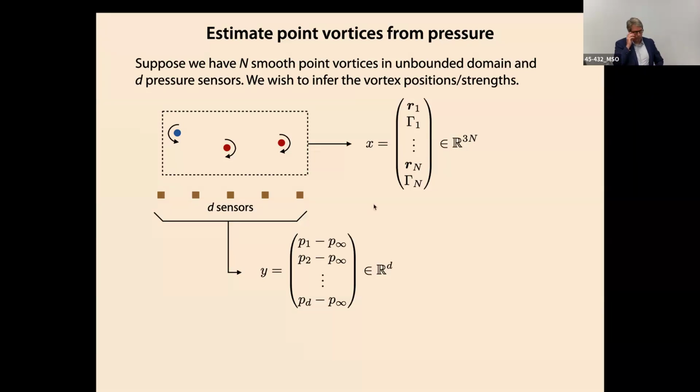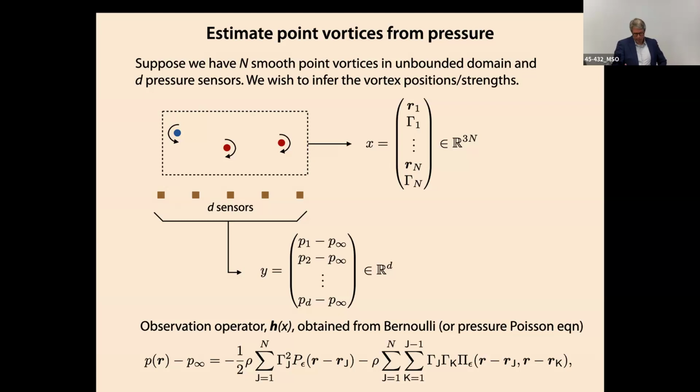Your naive, intuitive view might be that I need as many sensors as I have pieces of state to estimate, right? So that's generally what we're going to find. And by the way, we can use Bernoulli here. It's very easy to find the pressure from these vortices. So this is my observation operator. This is a Bernoulli equation.